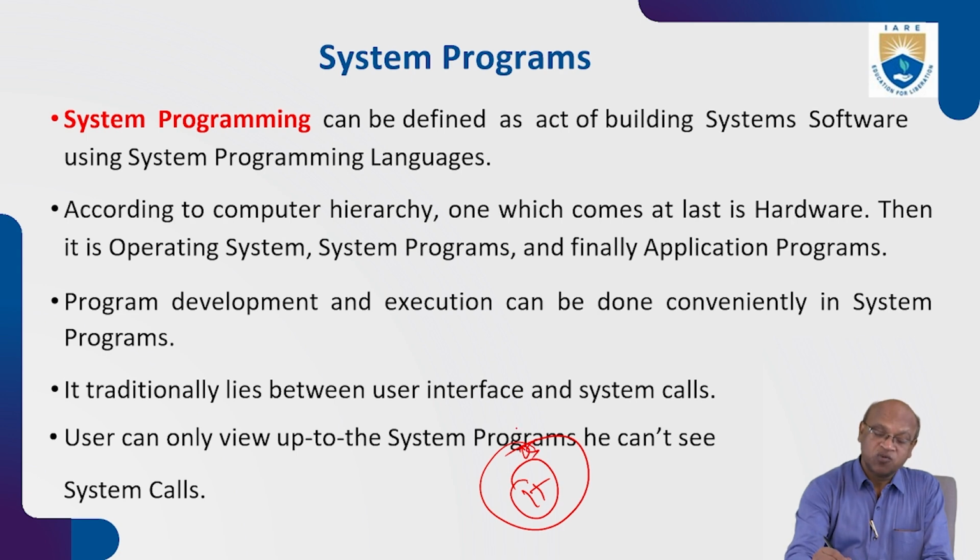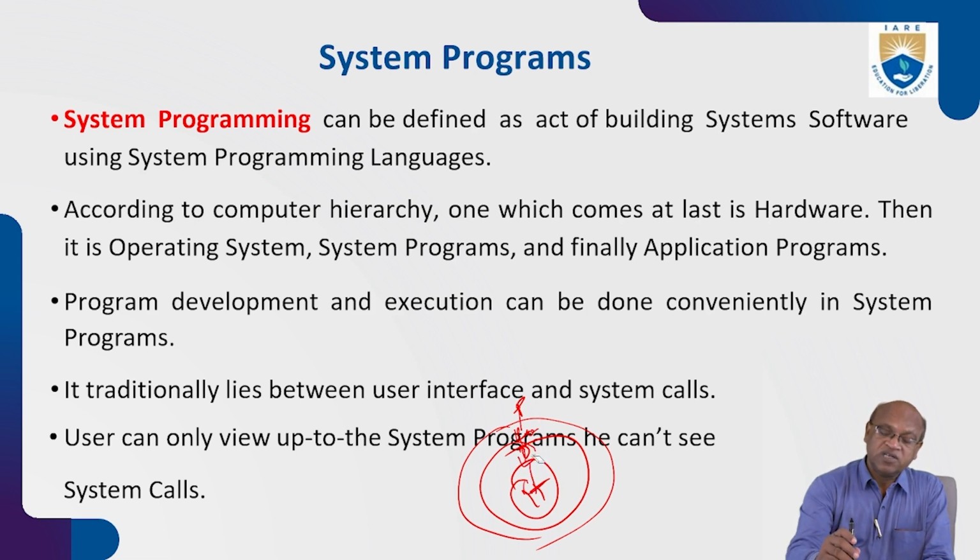After this, the system programs, all these compilers and interpreters will be loaded here, and finally the application program. So whatever application program you are writing will be available here. That will interface with system programming through the OS, through the hardware. That's what.